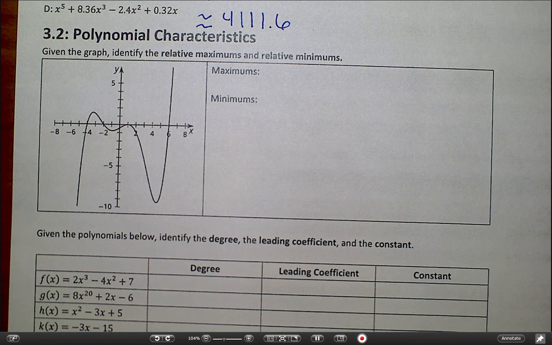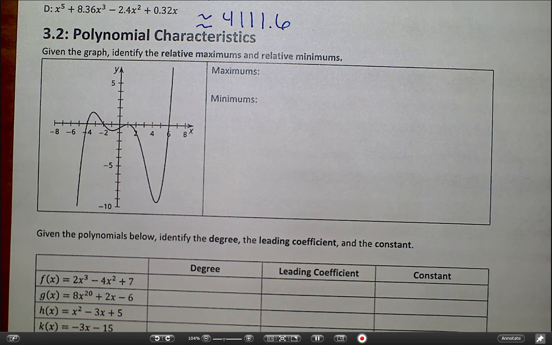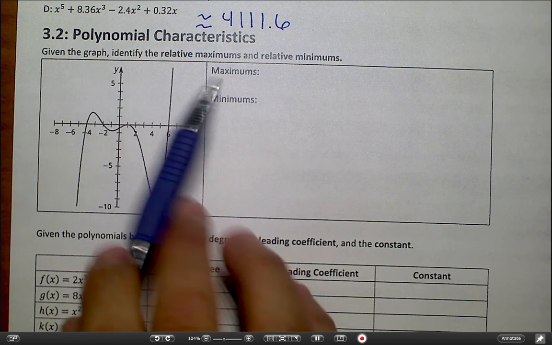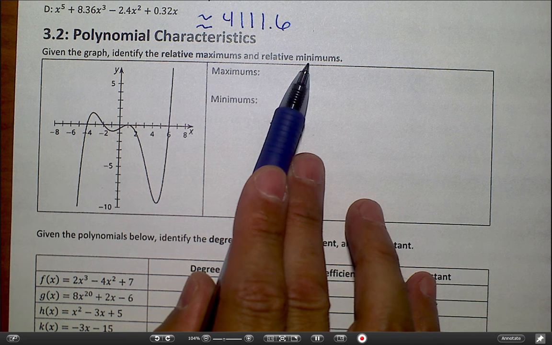All right, so we're going to move on from this one. All right, so I need everyone back on this, please. So for this problem right here, we're going to take a look at this next part. So the graph identified the relative maximums and minimums.